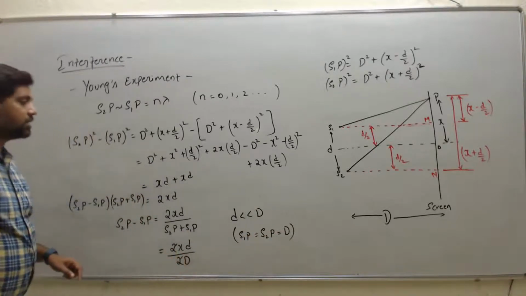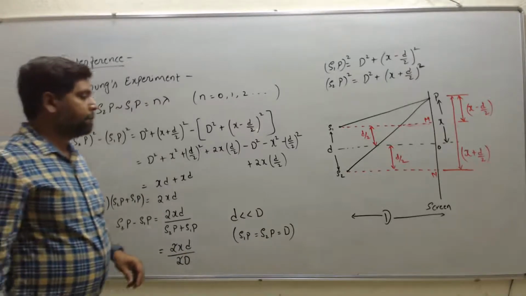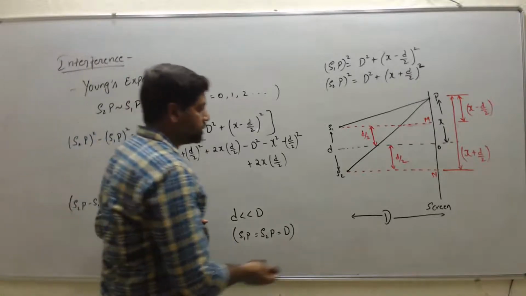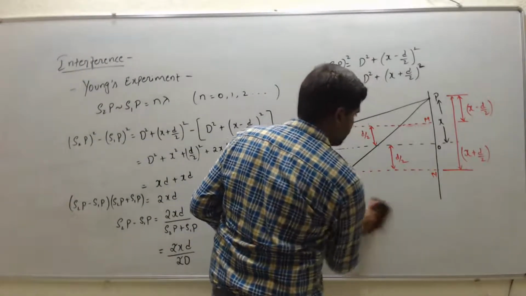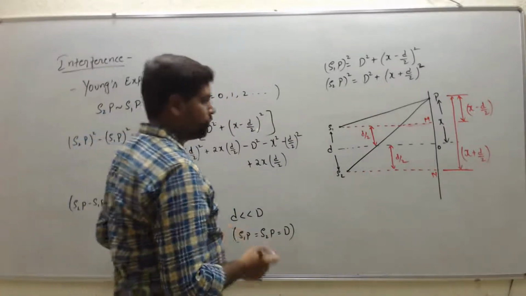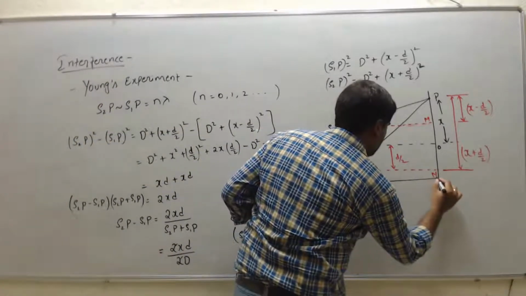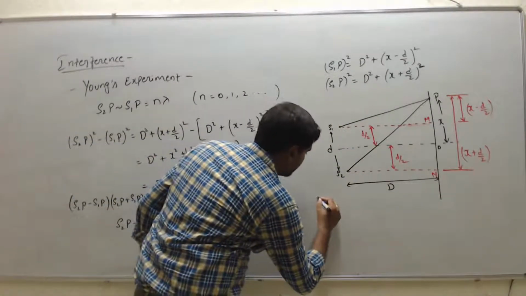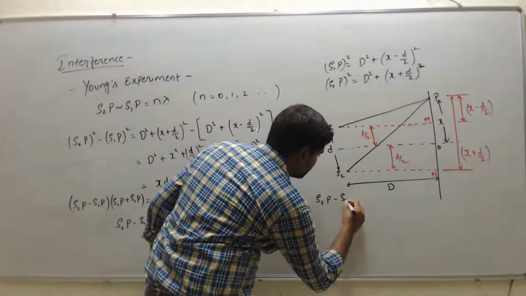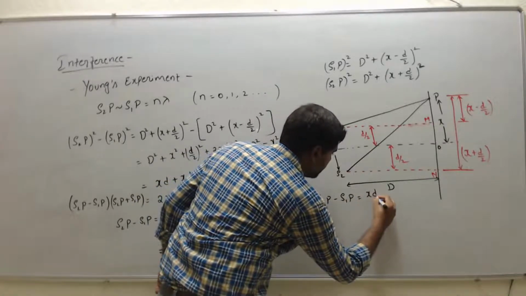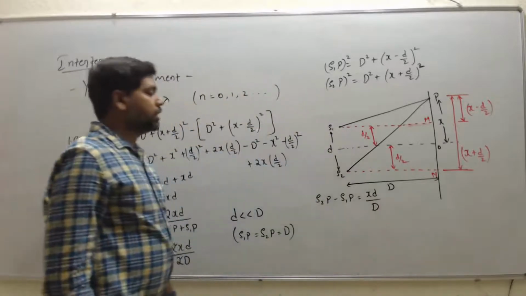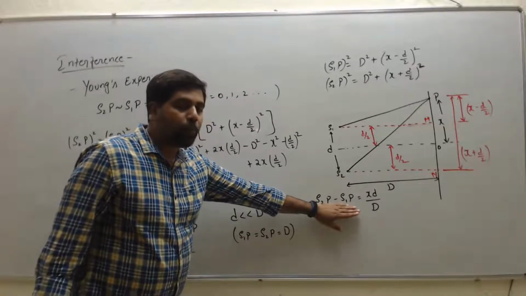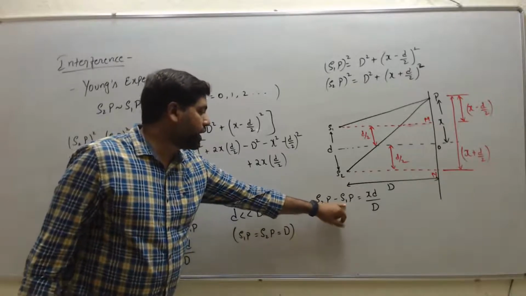So 2 cancels, then if you write this one here, we get S2P minus S1P, that is xd divided by capital D. So we know this value, that is the path difference between the two, S2P minus S1P.